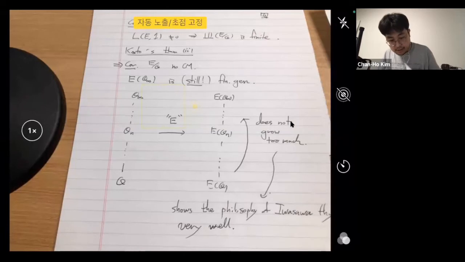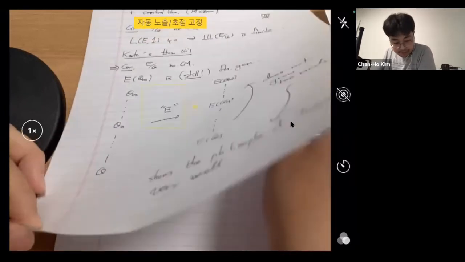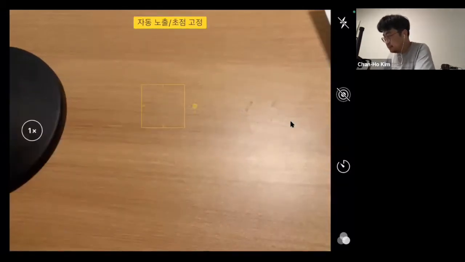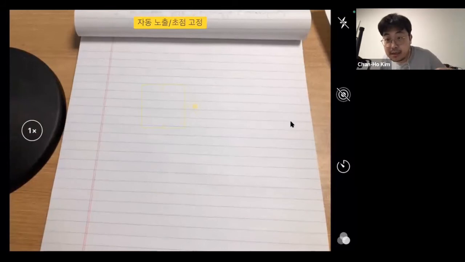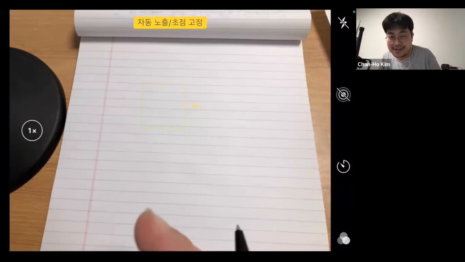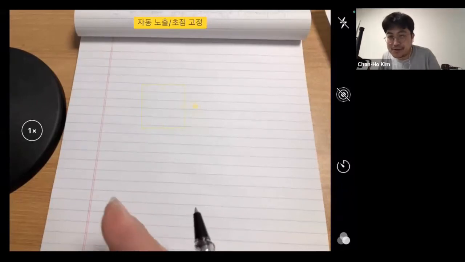Okay, and let me go back to the Iwasawa main conjecture. Yes. I mean, this explanation is very informal. It's not a very precise one. I just regard it naively, and it just shows that it doesn't grow too much.